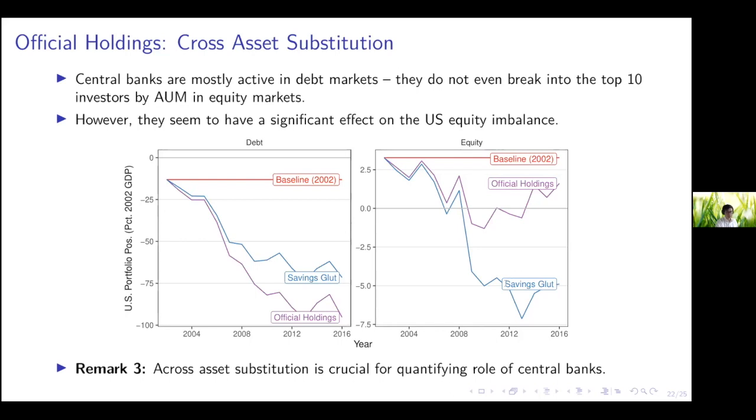But in the equity markets, moving from the blue line to the purple line, you can see that these central bank purchases are driving investors away from debt into equity markets, and in particular into equity markets outside of the US in relative terms. What we get from this picture is that if we want to understand the role of central banks in official holdings, cross-asset substitution is absolutely crucial for quantifying this role, in particular thinking about how investors might look for better investment opportunities as the prices of developed market debt get bid up.